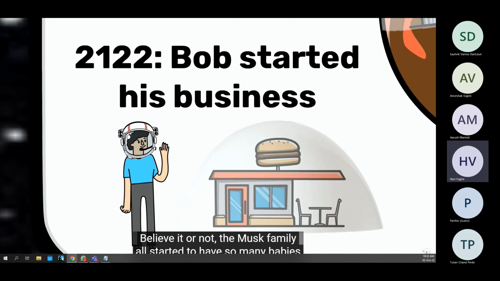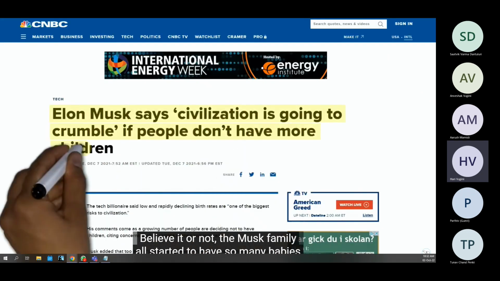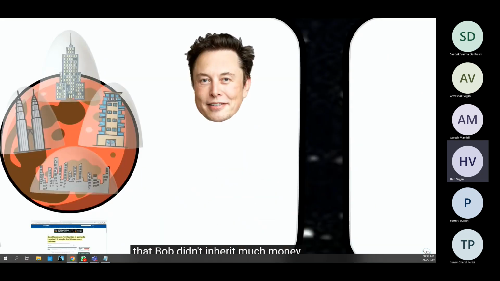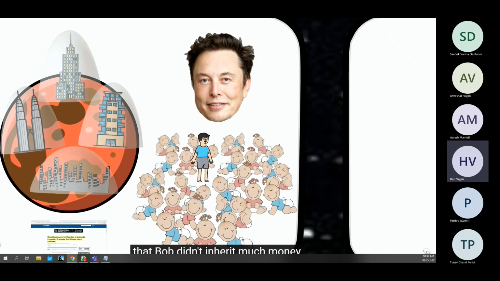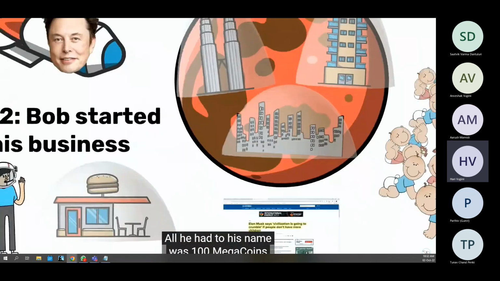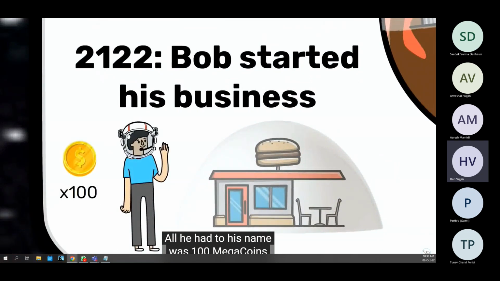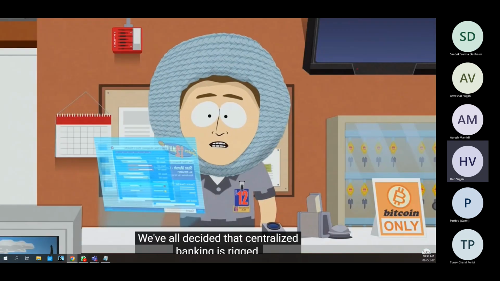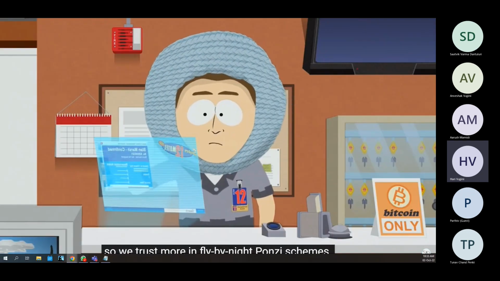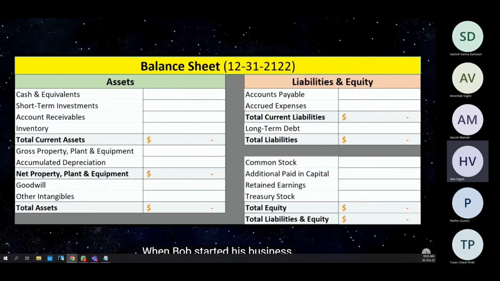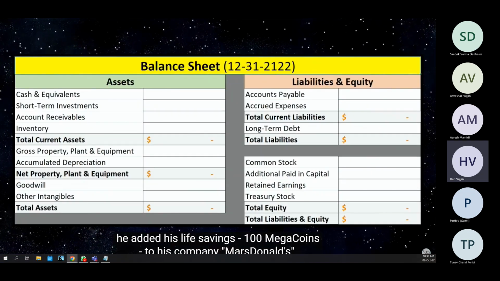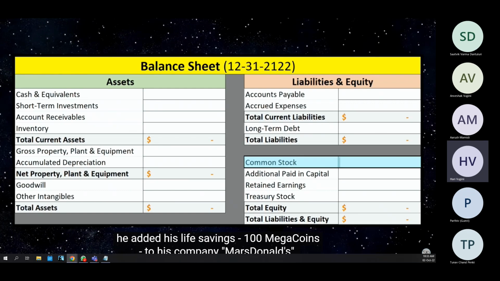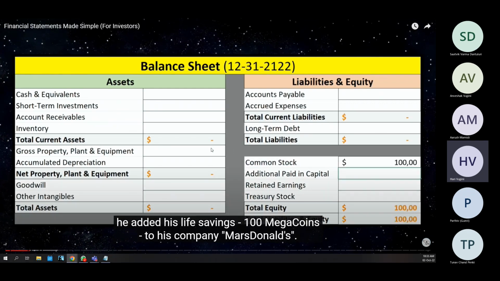Believe it or not, the Musk family all started to have so many babies that Bob didn't inherit much money. All he had to his name was 100 megacoins, MC, the crypto of the future. We've all decided centralized banking is rigged, so we trust more in fly-by-night Ponzi schemes. When Bob started his business, he added his life savings, 100 megacoins, to his company Mars Donald.